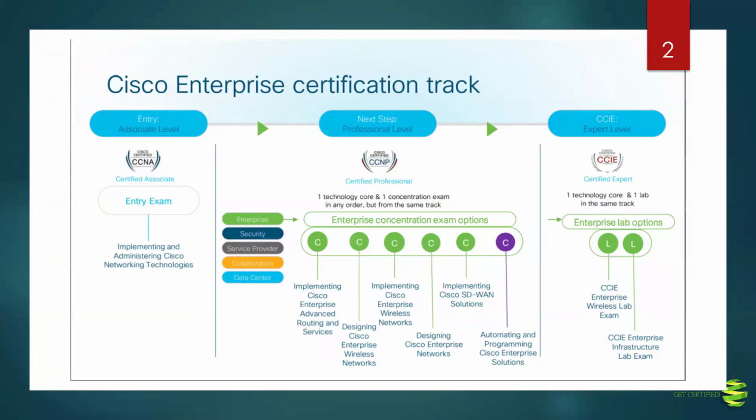As a matter of fact, we are starting with the elective or concentration exam ENARSI, Implementing Cisco Enterprise Advanced Routing and Services. The reason is that if you are coming here after passing CCNA, or if you are coming here without any certification and just want to get started with CCNP, ENARSI is a great place to start, because it covers the core routing and some of the routing based services, right?